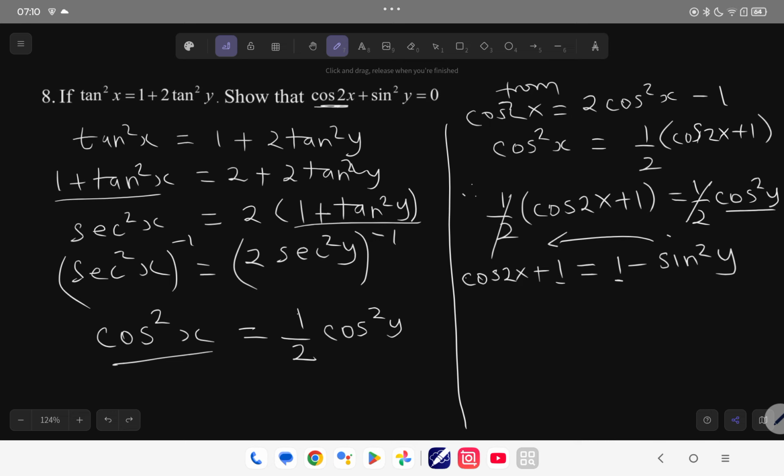Then sin squared y comes this side. I will get cos 2x plus sin squared y is equal to 1, which is 0, because the other one has died, is equal to 0, which is our required proof. So we have been able to show it as required.